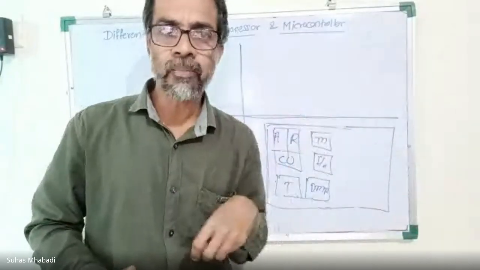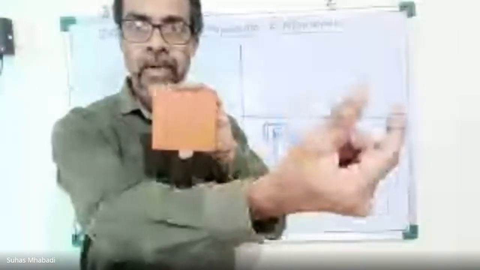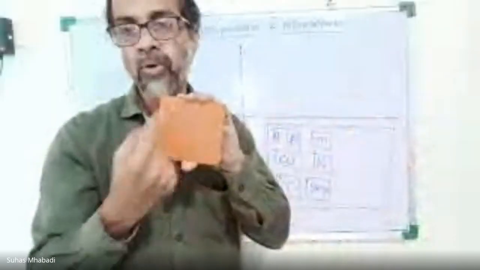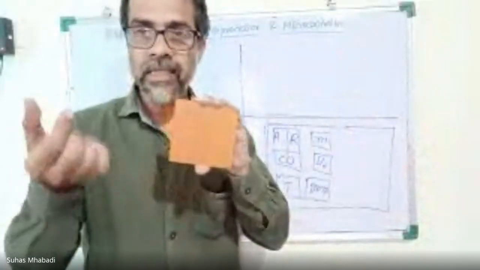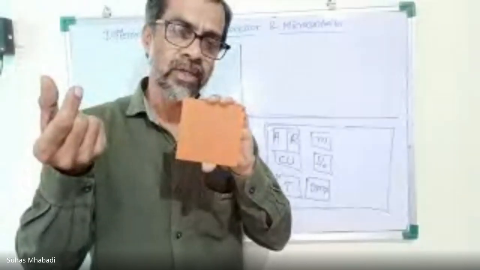So if I'm going to build a system using a microprocessor, I will collect an IC called the microprocessor. I will take one more IC as a memory. I will take input, output, and interfacing devices, and mount them on a board. Out of that, the IC is separate. So this IC will not work alone. It has to work in coordination with the memories, input, output, and other devices.